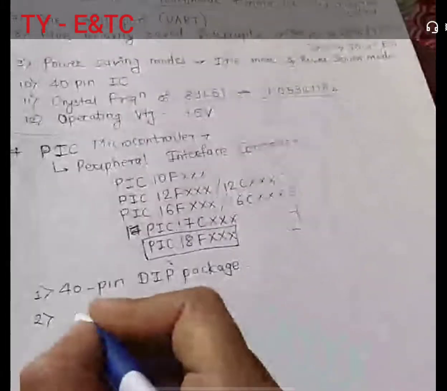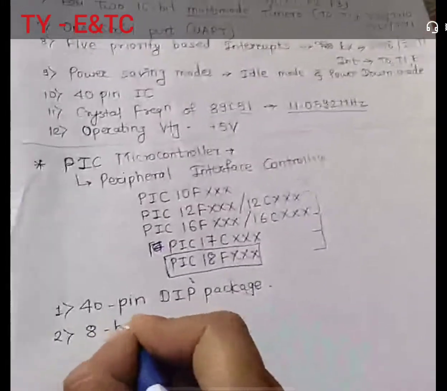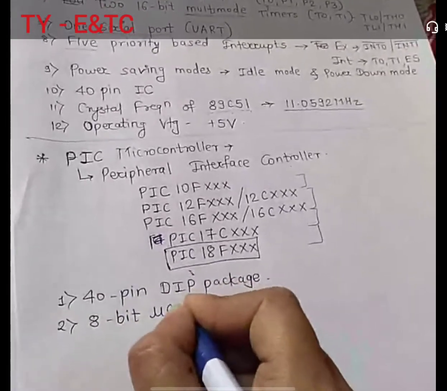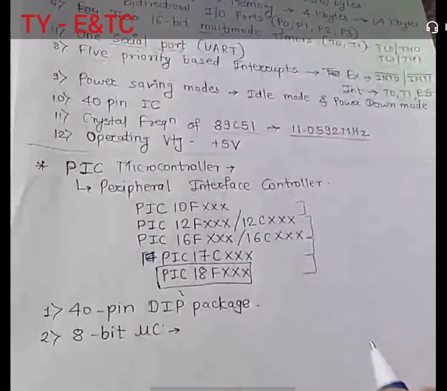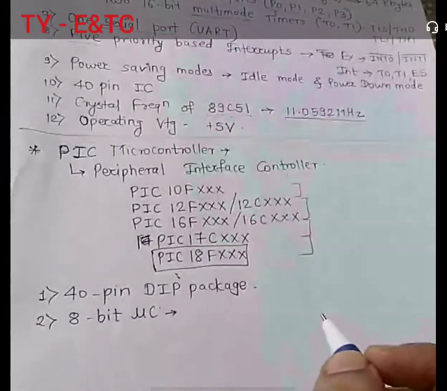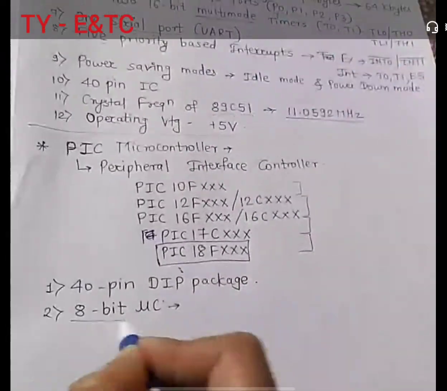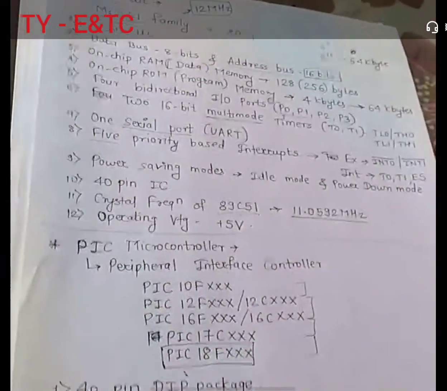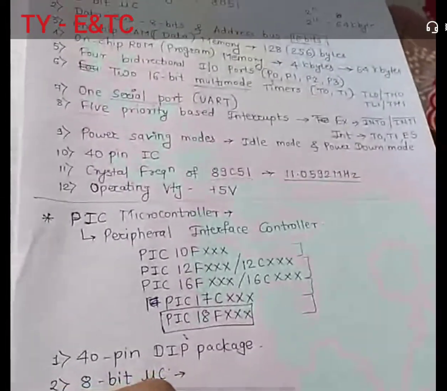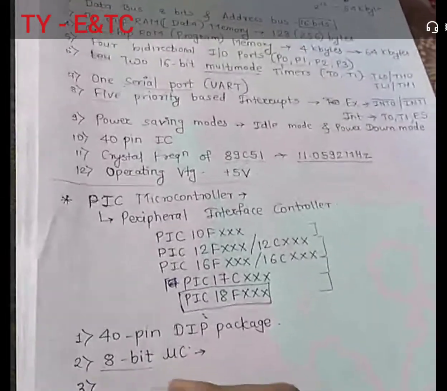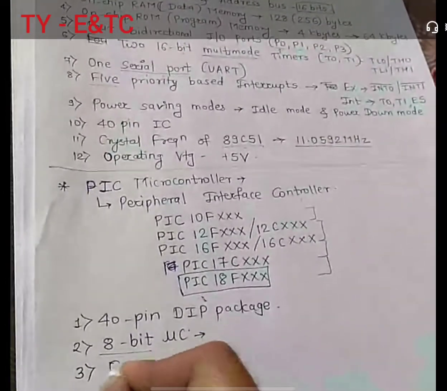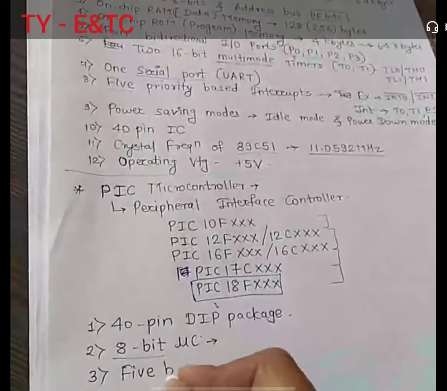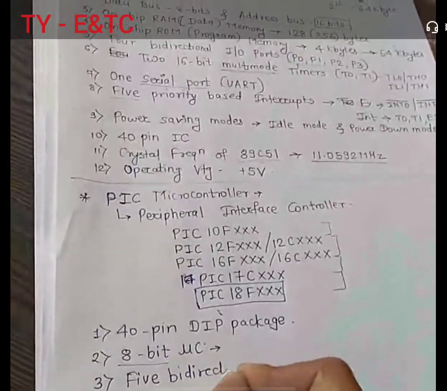Second feature is that this is also an 8-bit microcontroller. I mean, it has a CPU processing or ALU handling capability of 8 bits, just like 8051. Third feature is that it has 5 ports, not 4. It has 5 bidirectional ports.